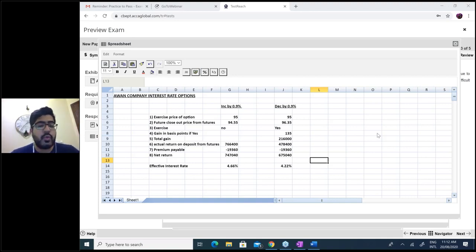So obviously you will find the effective rates of all techniques, the FRAs, the futures and options. If the question is of borrowing, we will select the technique offering the lowest effective rate, because in borrowing we want the rates to be low. But if the question is of deposit, we will again find the effective rates of all techniques, and in deposit we will select the technique offering the highest effective rate.